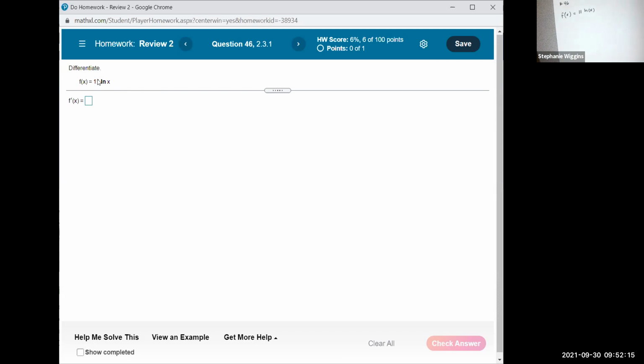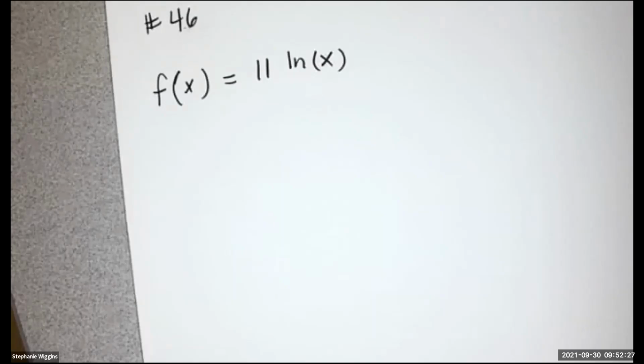Okay, so basically the whole test is on differentiation. So when it says differentiate, that means find the derivative. So we're given a function f of x, and we just need to find the derivative.